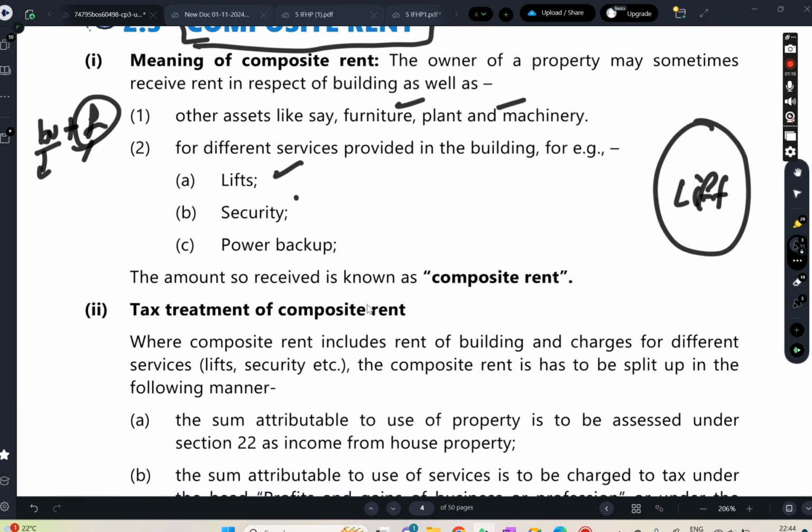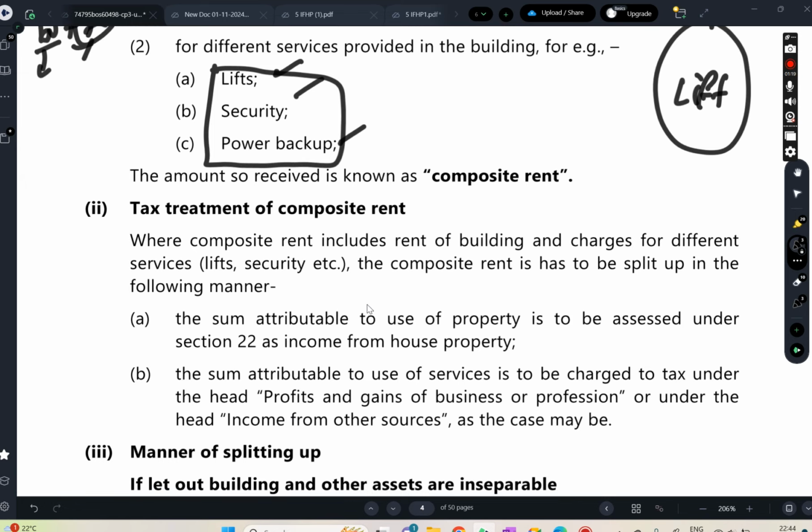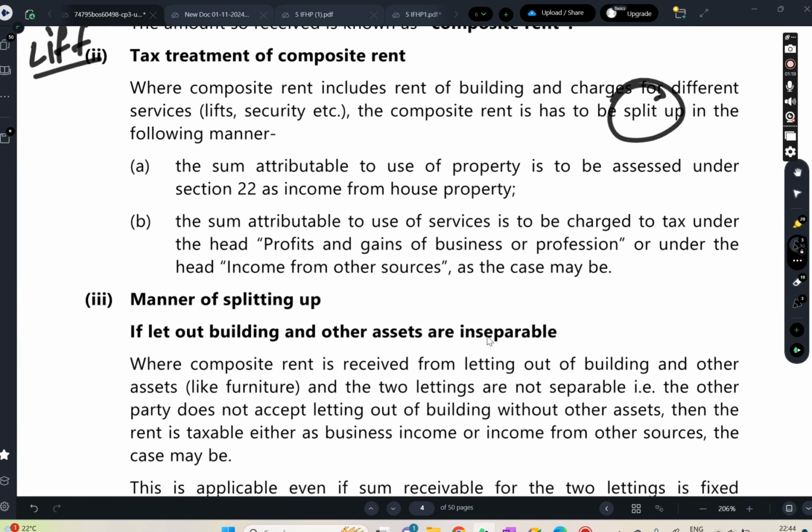for example, lift, security, power backup, all these things will be combined, and then we will get the rent. We need to check, is it separable or not? So without lift, nowadays do people take a building? No, right? You cannot let out a building without lift.